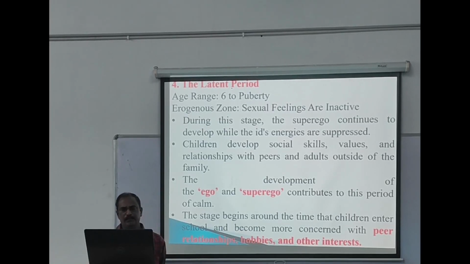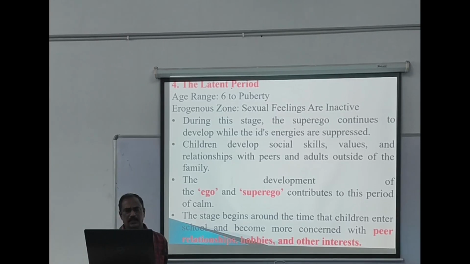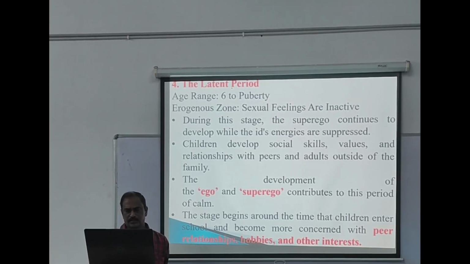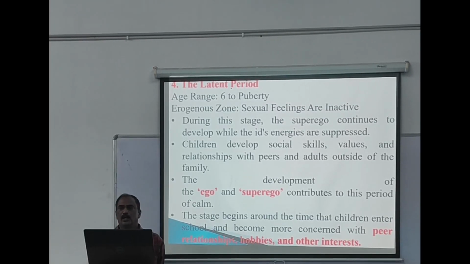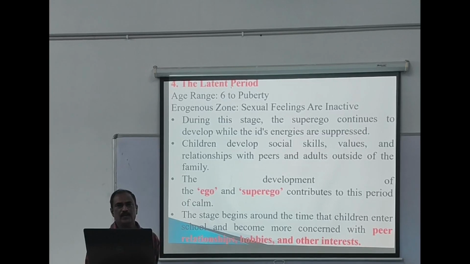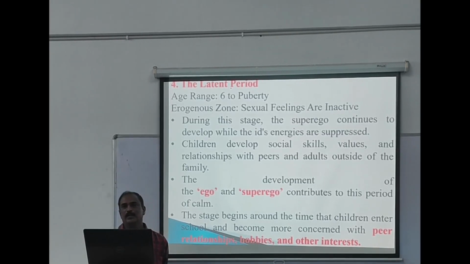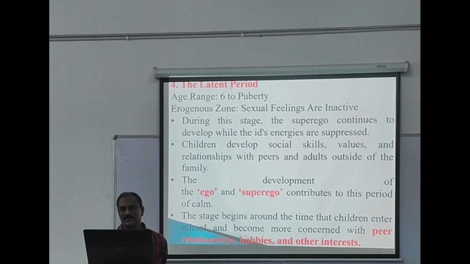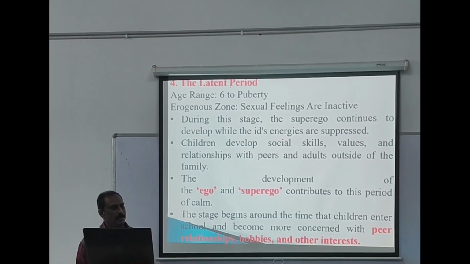The stage begins around the time the children enter school and become more concerned with peer relationships, hobbies, and other interests. If you remember, at this stage, if you criticize his friend or her friend, they will get very angry, and they want their peer relationships. They treat their friends more than their parents. So at this stage, you should not criticize their friends.